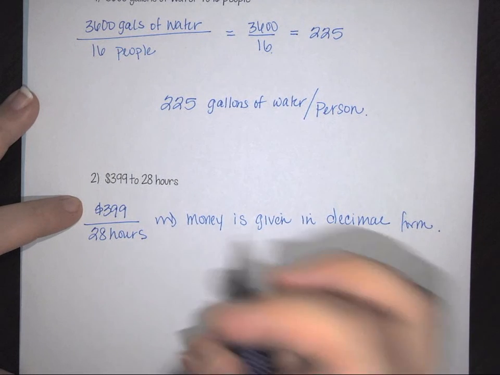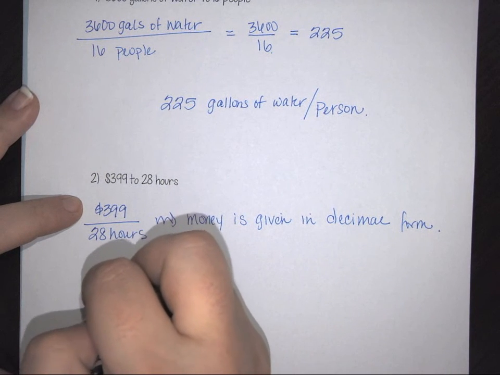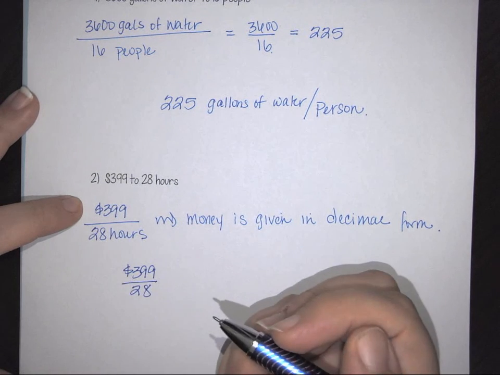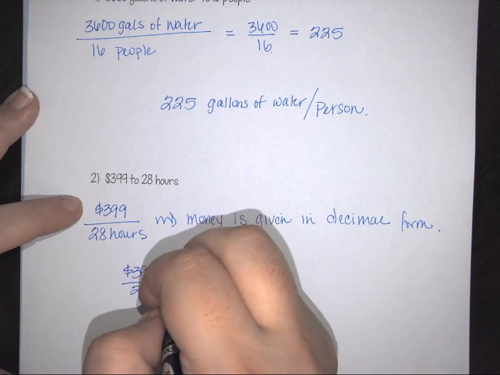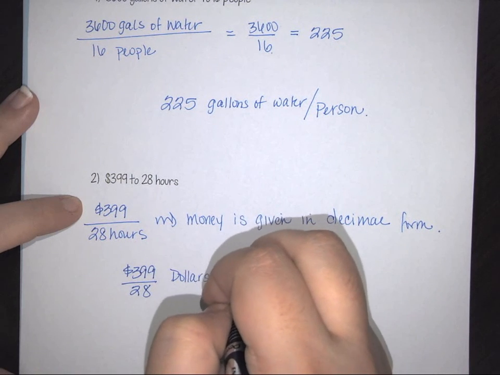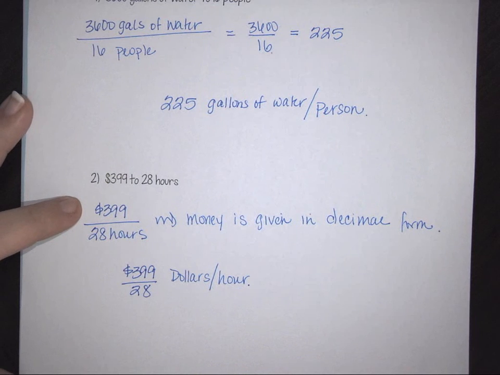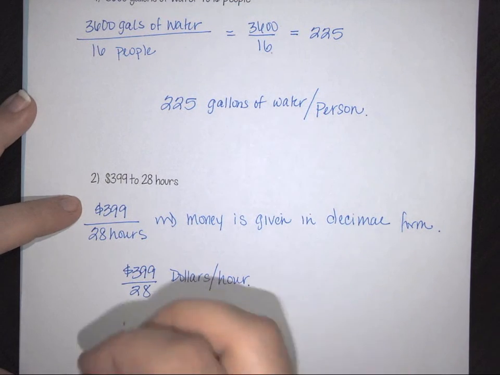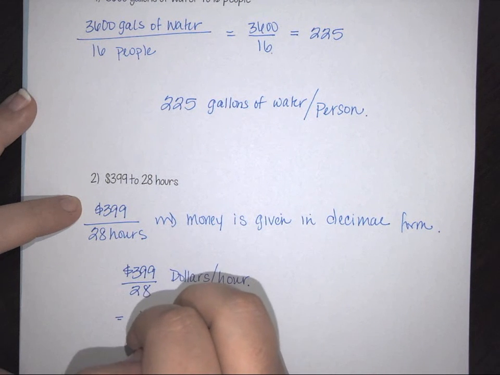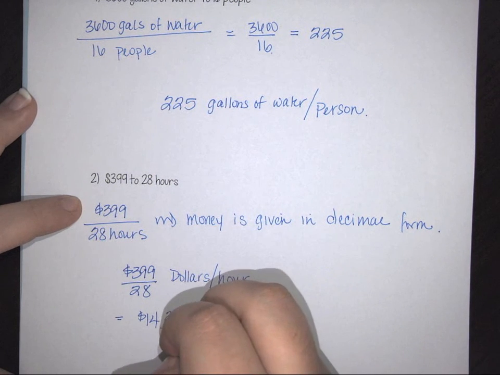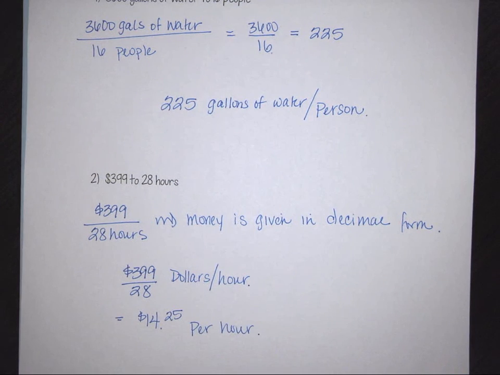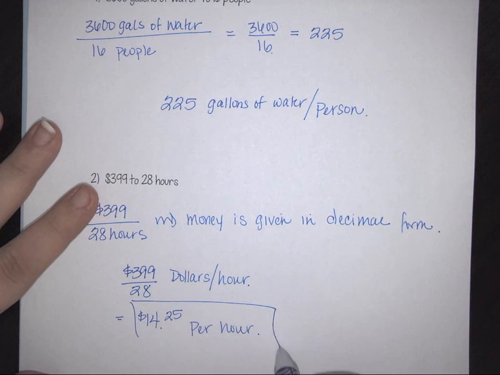So this means what we're actually doing is we are going to be doing 399 divided by 28, and then this is going to give you dollars per hour. When you divide that out, you're going to end up with $14.25, and then this is per hour. Okay, and so this would be your result here.